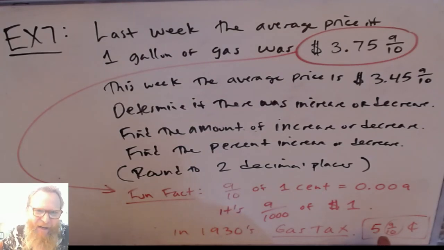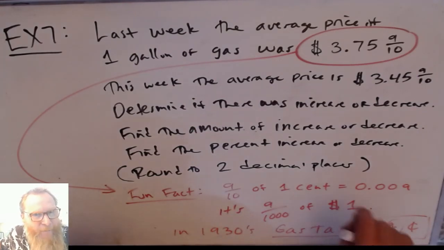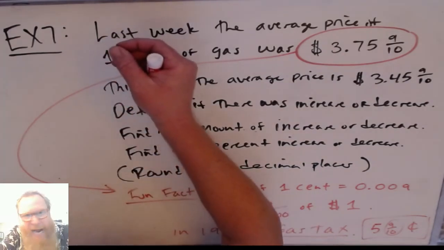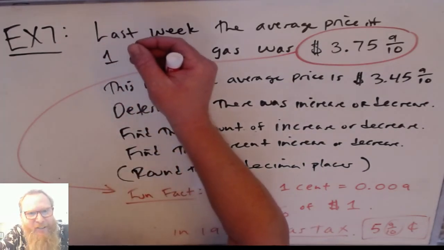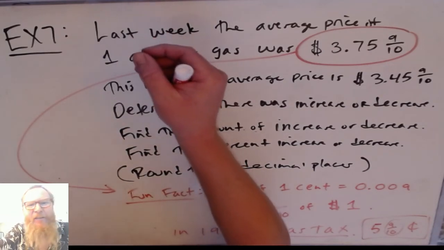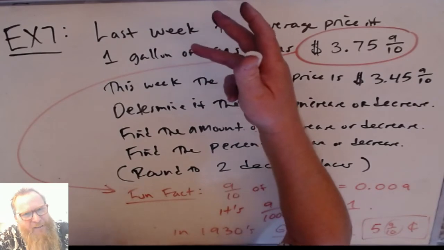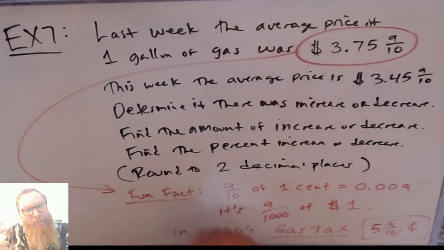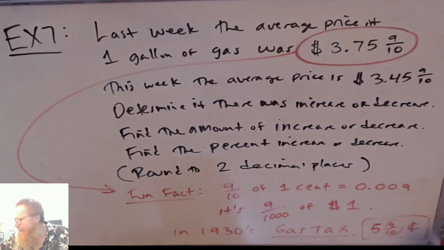By the way, they always round up, because when you go up there with your money, you can't pay 9/10 of a cent. So if something costs 9/10 of a cent, you're actually going to have to pay the whole cent. They don't round down, they always round up. So this is actually 6 cents.